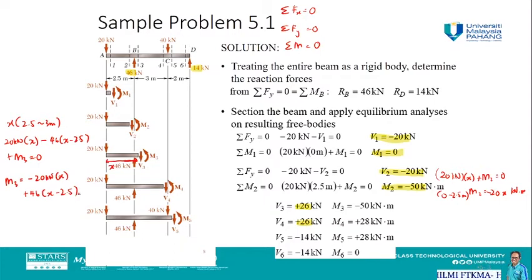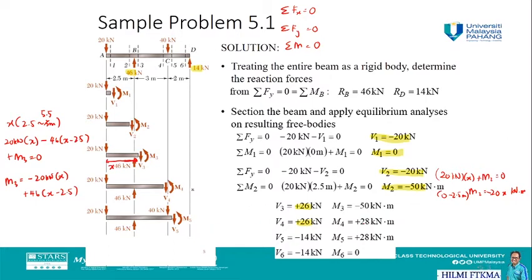If we increase the section from point B to point C, where the value of x is from 2.5 to 5.5 meter, then we get the value for M4, which is positive 28 kilonewton meter.